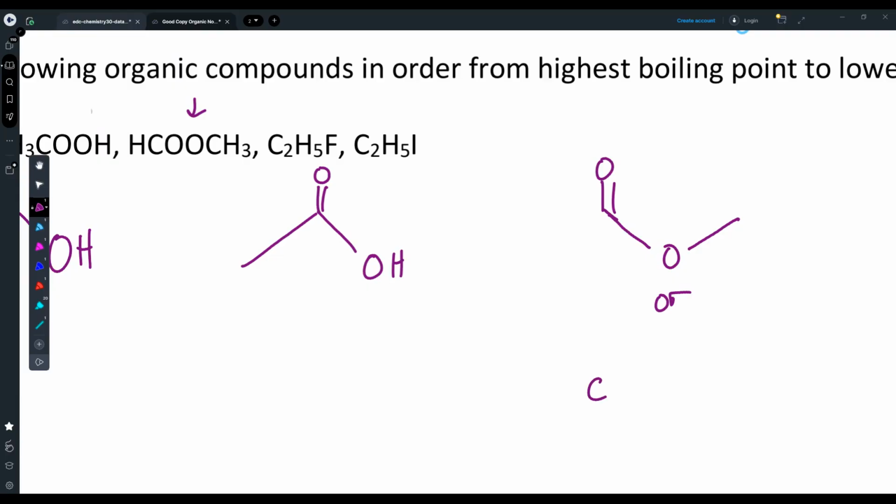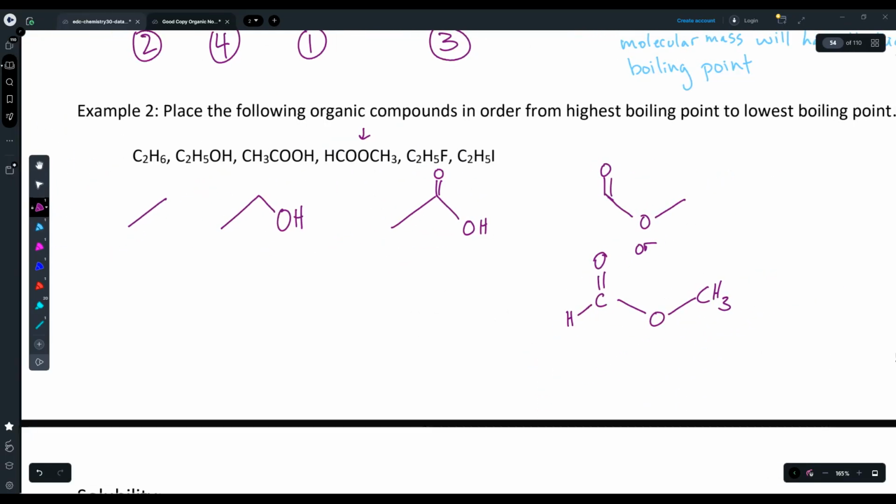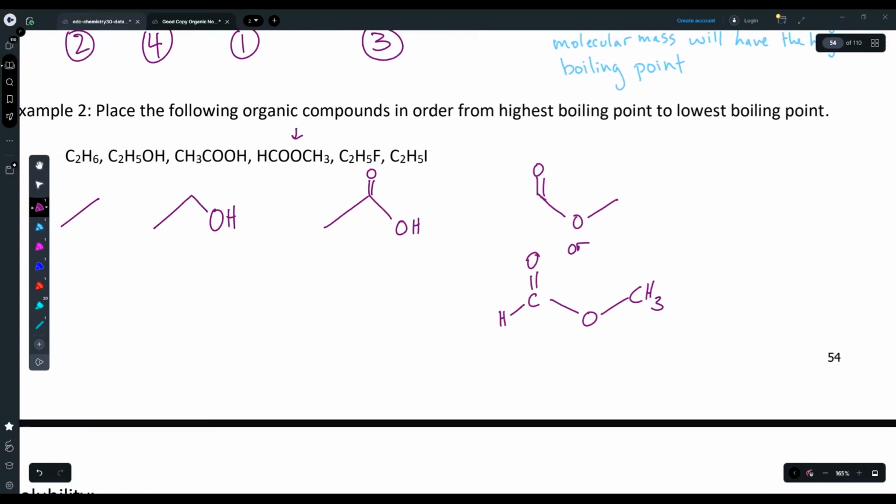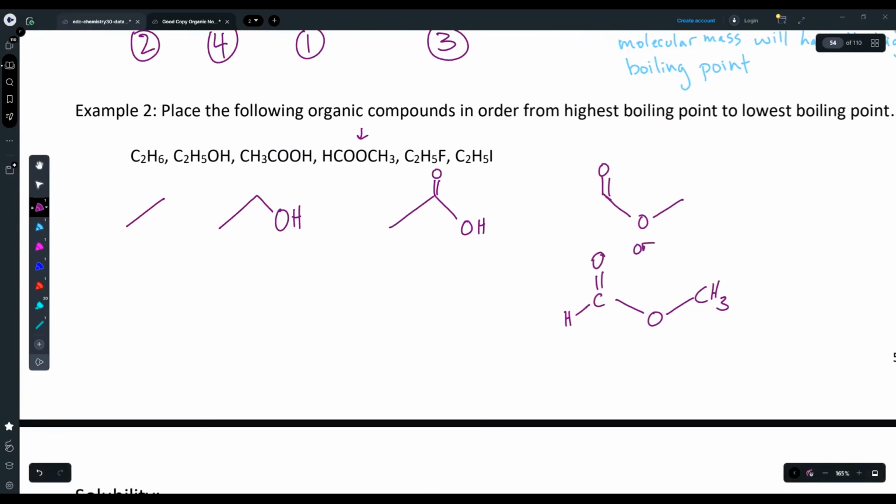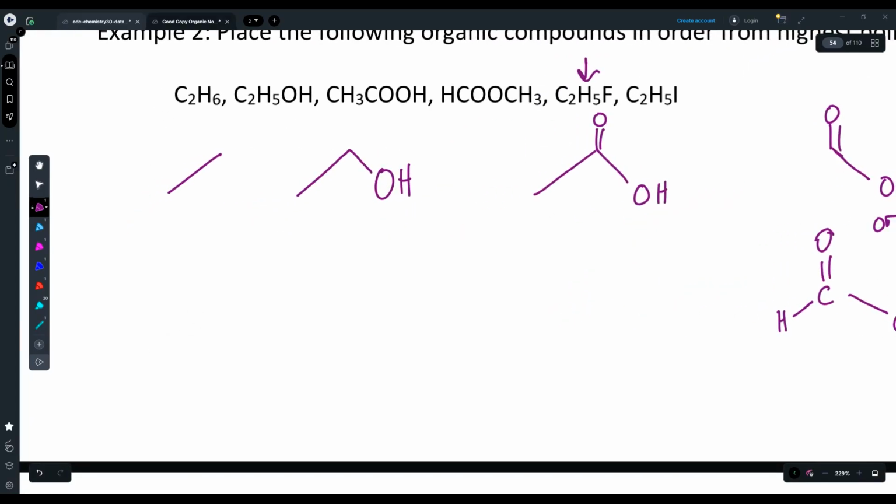Or you could draw it like this. Okay, and I'm going to have to stick the last 2. So this one, I'm going to put over here, and then this one over here, I'll put it right here.